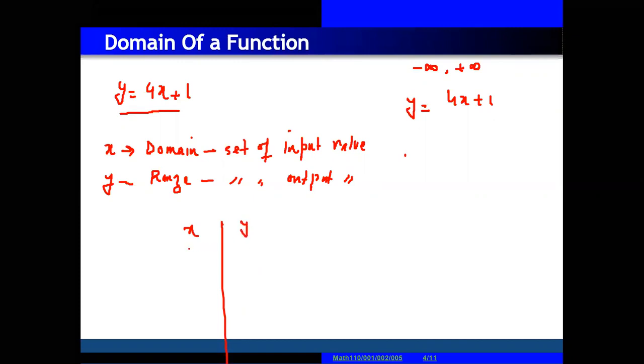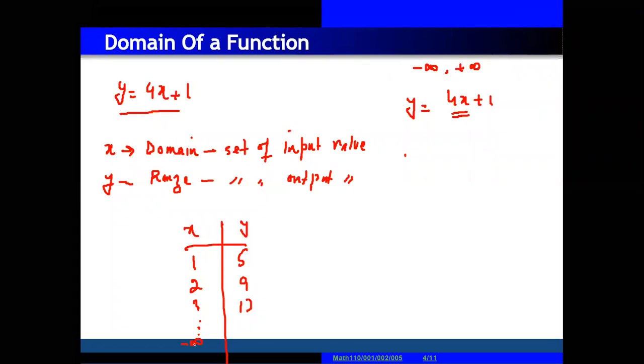When x is 1, what is the value of y? 4 multiplied with 1 plus 1 equal to what? 5. When x is equal to 2, 4 twos are 8 plus 1 equal to 9. When x is equal to 3, 4 threes are 12 plus 1 equal to what? 13. Yes, 13.